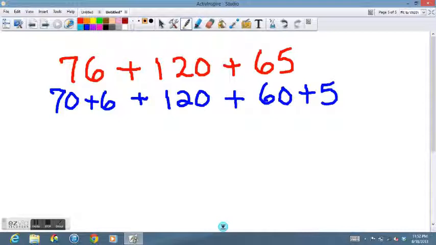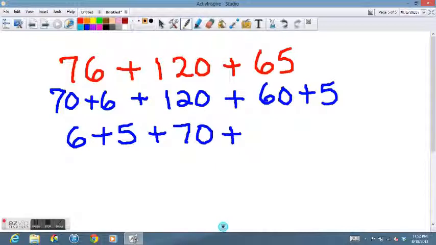Now when we're adding, notice we have addition all the way through this problem. There's no other operation, there's only addition. And so when we have only addition, we're allowed to move the numbers around in any order that we want. So in other words, I can rewrite this problem as 6 plus 5 plus 70 plus 120 plus 60.